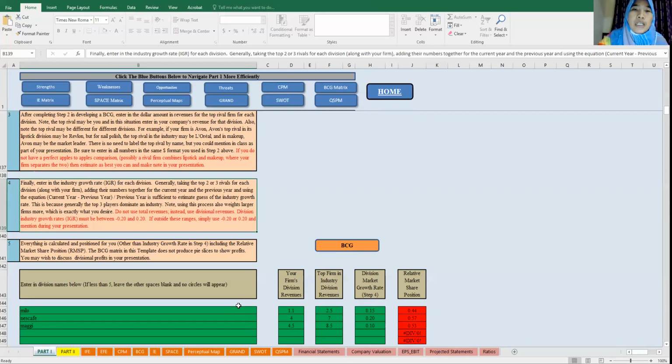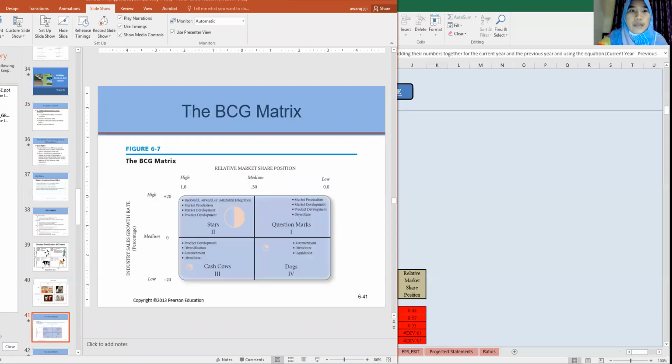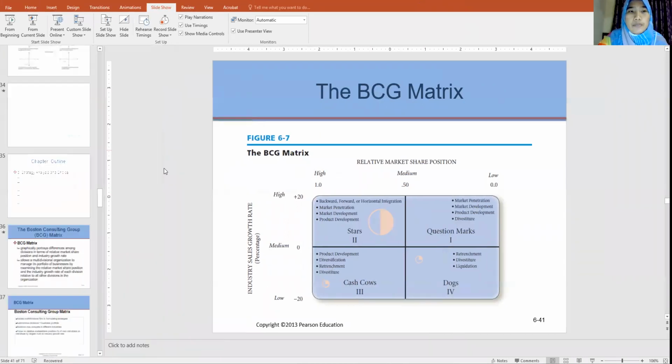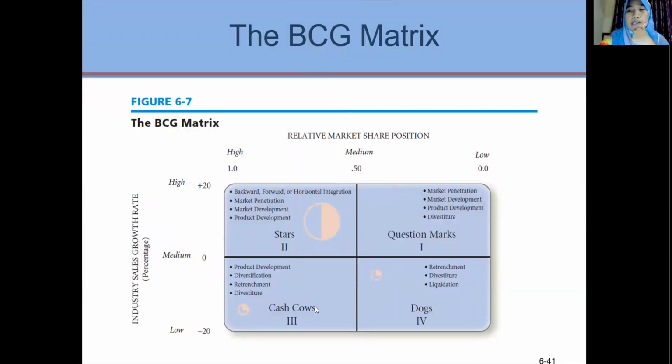The difference is, if we do this for each division with accurate information, we will get to know which quadrant each division sits in and what strategy is suitable for that division, or that product line, or that brand. So that is the difference, because one strategy may not fit all divisions in the company. But because of lack of information, it is okay, we try to do it for the whole company itself.